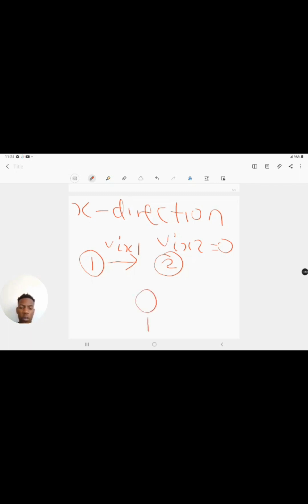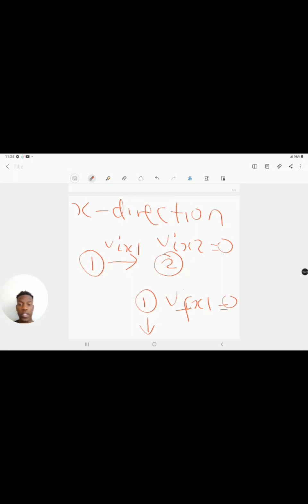Ball number 1 collided with ball number 2 and it moved vertically downwards, right? But since it moved vertically downwards, it means that Vfx, the final velocity of ball number 1 in the x direction, is now equal to 0.